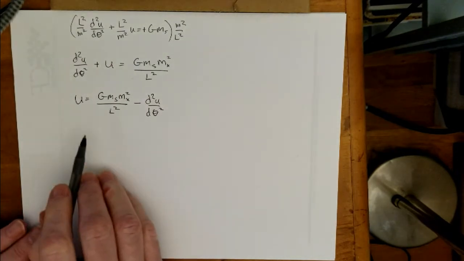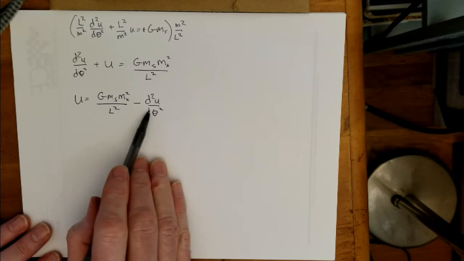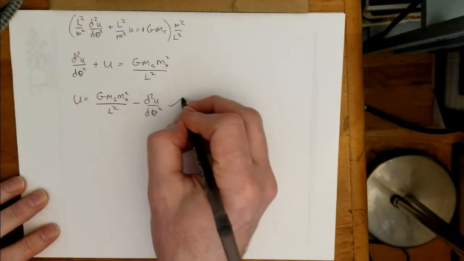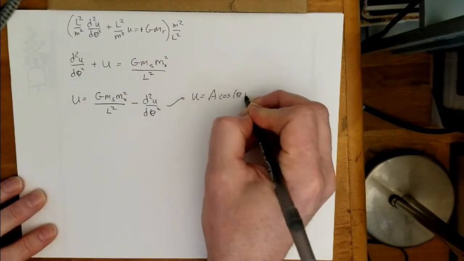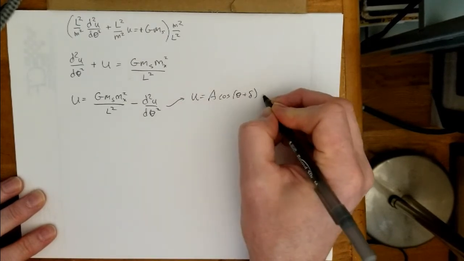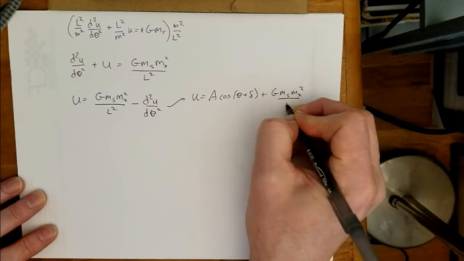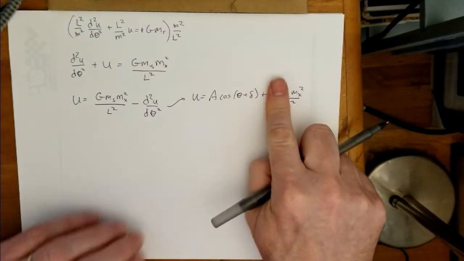So to solve for u, we need some function whose second derivative is basically the negative of the first one, other than some constant which we can tack on. You'll see that if we let u equal A cosine of theta plus some phase shift, plus G mass of sun times mass of X squared over L squared, if we take the second derivative, that constant is immediately going to drop off.